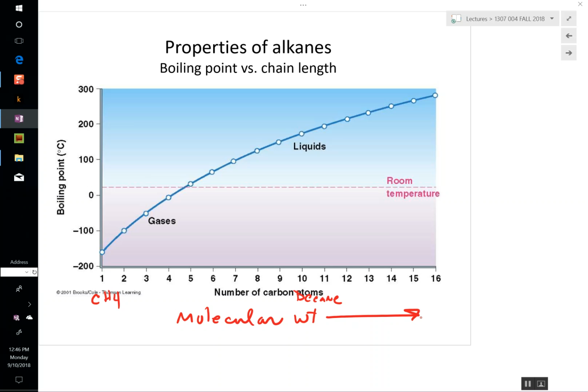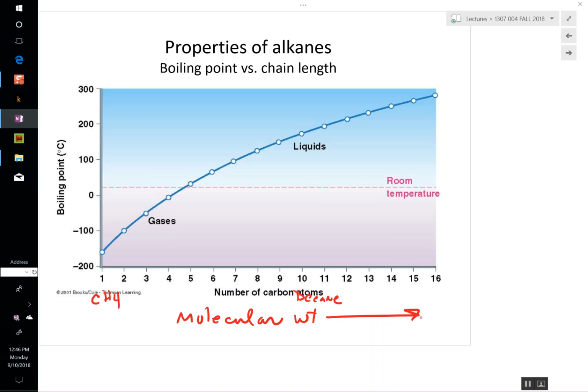So below here, so above here, they're heavier, so they're not boiling. They're liquids. They're liquids at room temperature. You've got to raise the temperature to get this to vaporize. Decane. Can you boil decane?